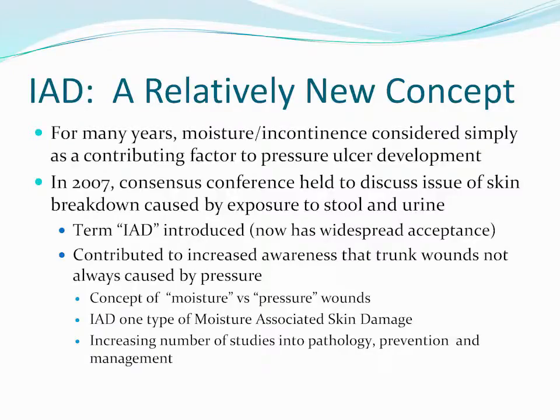Following that change in terminology and a concerted effort on the part of many people in continence care and in wound care to start using correct terminology, we've seen an increase in the number of studies related to pathology, prevention, and management, which was one of the goals.